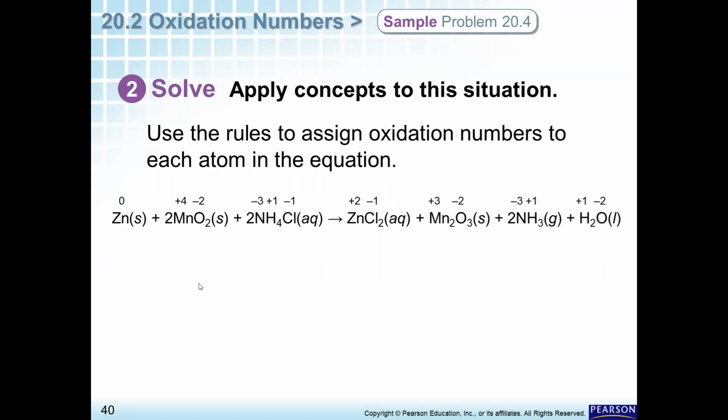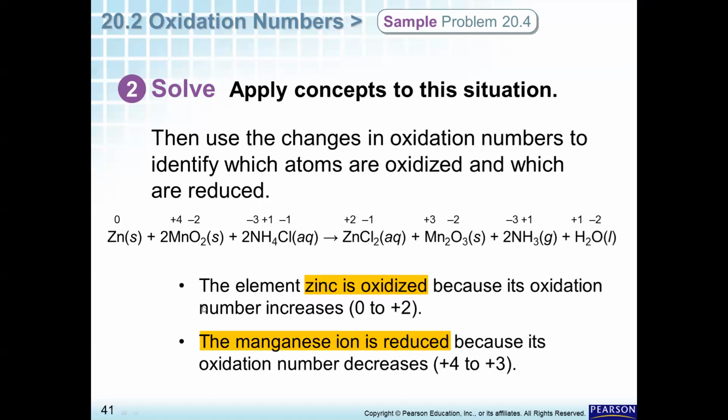Alright, these are all the oxidation numbers that we did. Okay, zinc was 0 and became +2, and manganese was +4 and became +3. So zinc has been oxidized and manganese has been reduced. Nitrogen, hydrogen, oxygen and chlorine did not change.